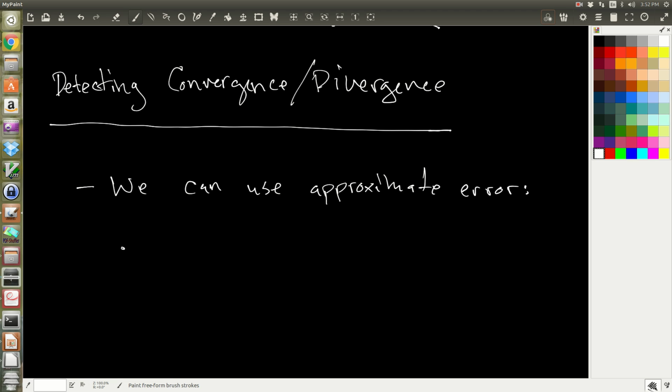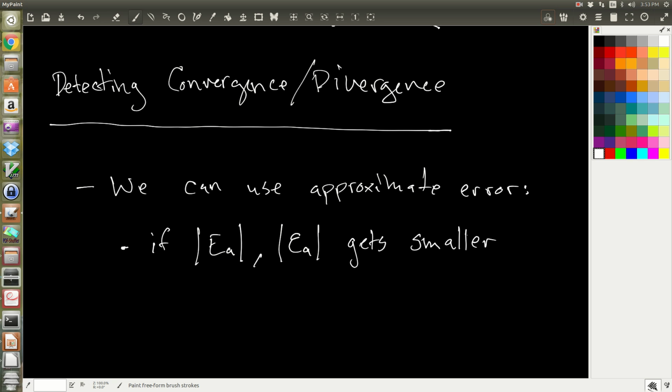So what we can say is if the absolute value of the approximate error, or actually what's more commonly used, the percent relative approximate error, gets smaller as we iterate, then we assume we are converging.